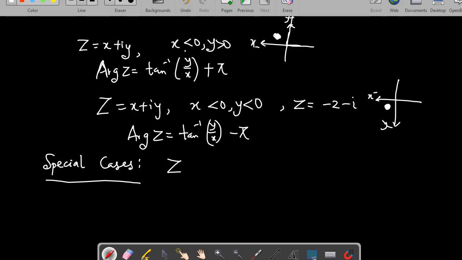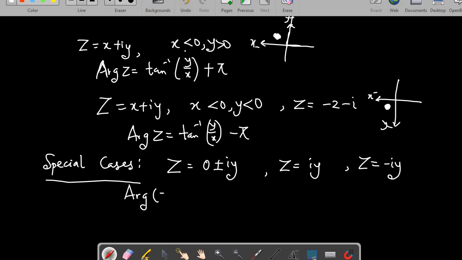Now, what if I have a complex number z that does not have a real part, that just has imaginary part? It is 0 plus or minus iy. If you have a complex number like this, let's say iy, or minus iy with no real part, the argument of such a complex number will simply be plus or minus pi over 2, that is plus or minus 90 degrees.